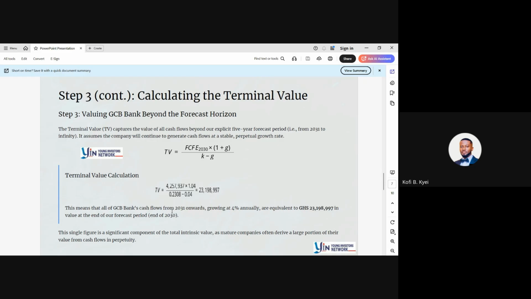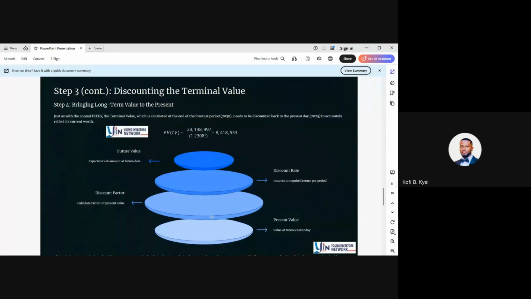So 2030 beyond, this is going to be the value. All right, this single figure is a significant component of the intrinsic value, as mature companies often derive a large portion of their value from cash flow in perpetuity. So this figure is very important. Then you discount this figure again to present value.